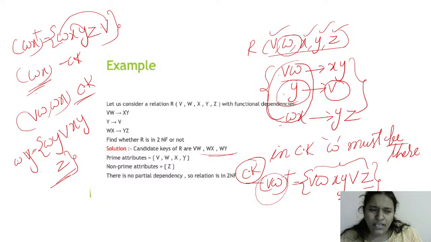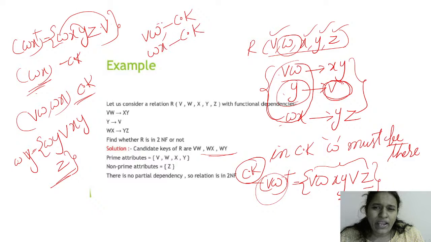Yes, friends, please try to understand here. I told you, first we got VW as a candidate key and WX also as a candidate key. W is not there on the right hand side, right?